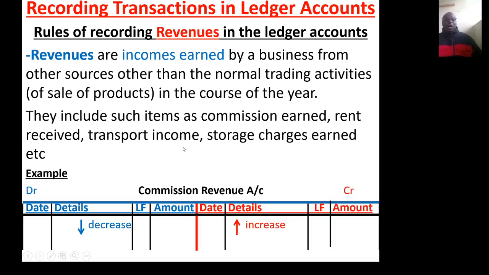You can use your company vehicles to transport goods for other businesses. You are paid to transport that.